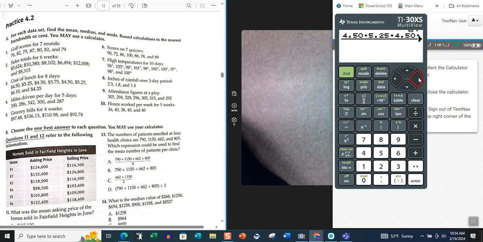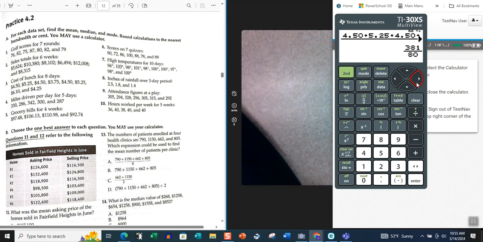Okay, so we got 4.50, 5.25, 4.50, 3.75, 4.50, 5.25, 6.10, and then 4.25, and then 8. Now we will press our right arrow to get to the end here. Then we'll press second, then table, and press enter.